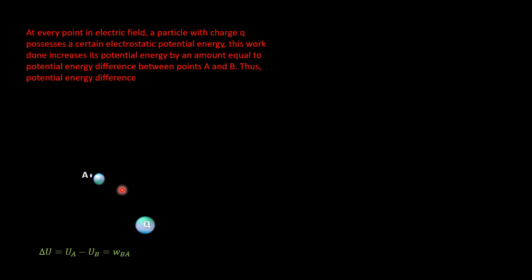Test charges at different positions in the electric field possess certain amounts of potential energy. When it is at A and when it is at B, the potential energy is different.